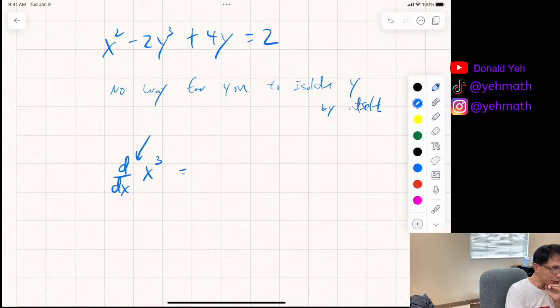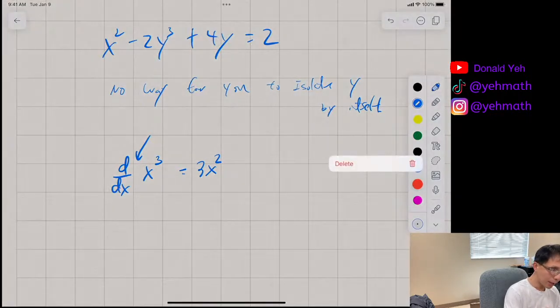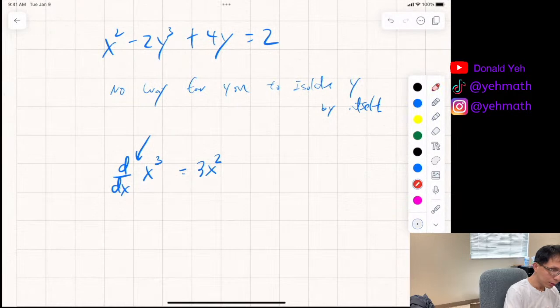If you take a derivative of x cubed, it's actually 3x squared. But what happened? There's actually a chain rule involved. Do you see it? There is actually a times 1, because I have to take a derivative of x with respect to x.